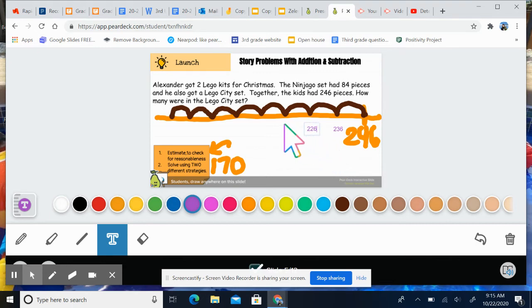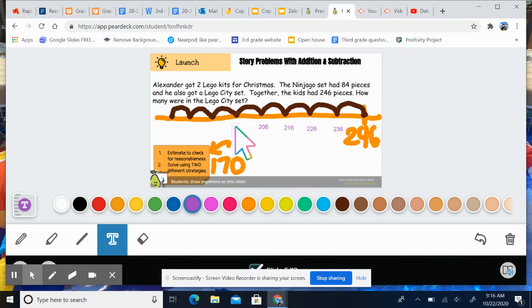226, 216, and you see the tens place getting smaller, the hundreds stay the same, and the ones place stay the same. Now, if you take away that 10, because you're subtracting by tens, you get 206.